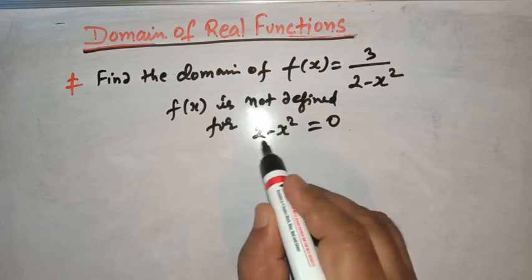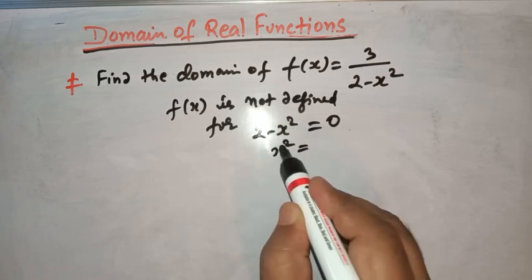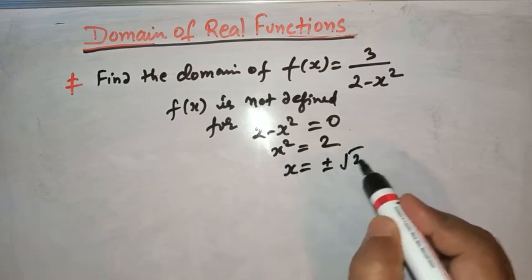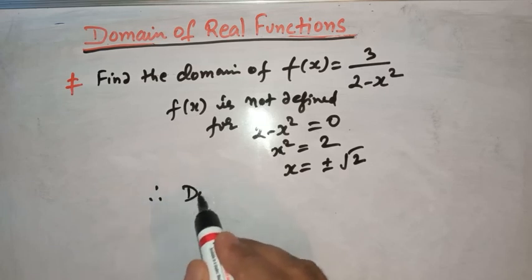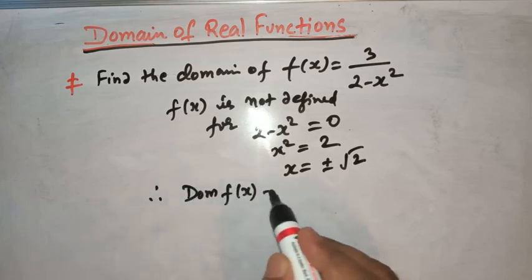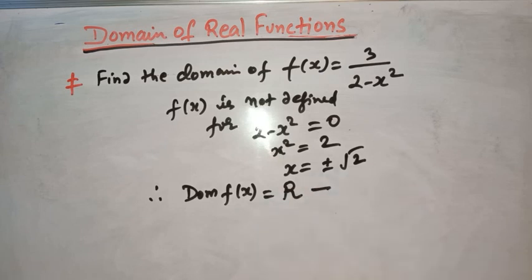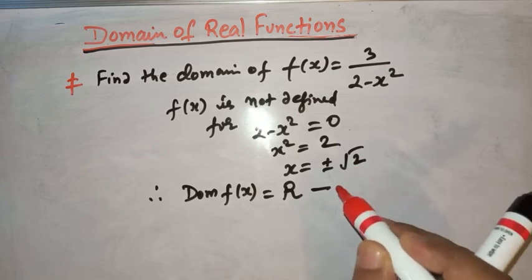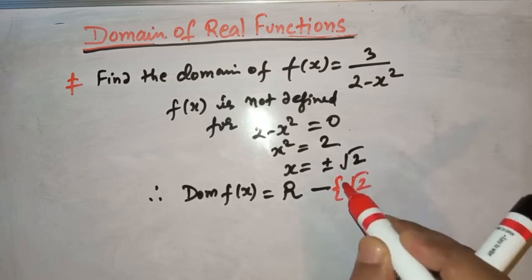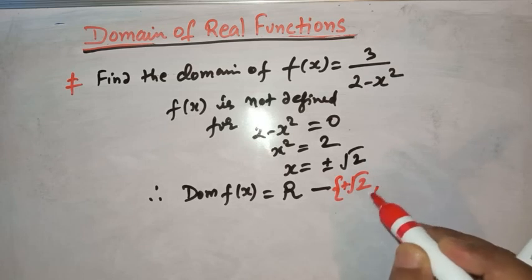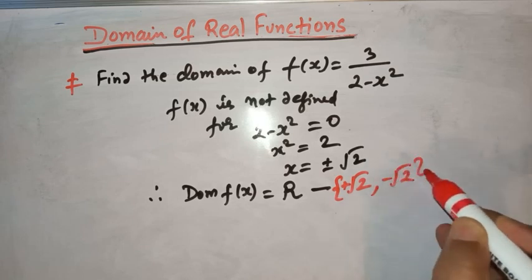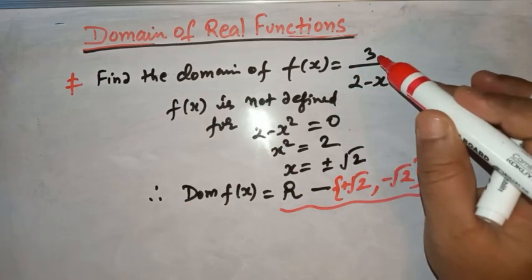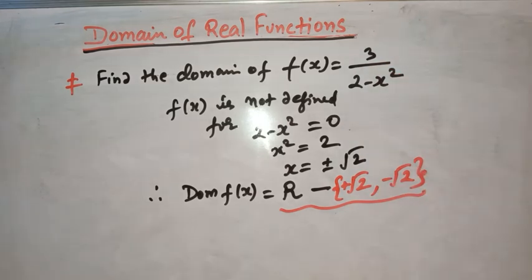So let us solve this equation for x. x² = 2 and x = ±√2. Therefore the domain of f(x) is the set of all real numbers excluding these two values, that is positive square root of 2 and minus square root of 2. So this is the domain of this function f(x) = 3/(2 − x²). Clear?